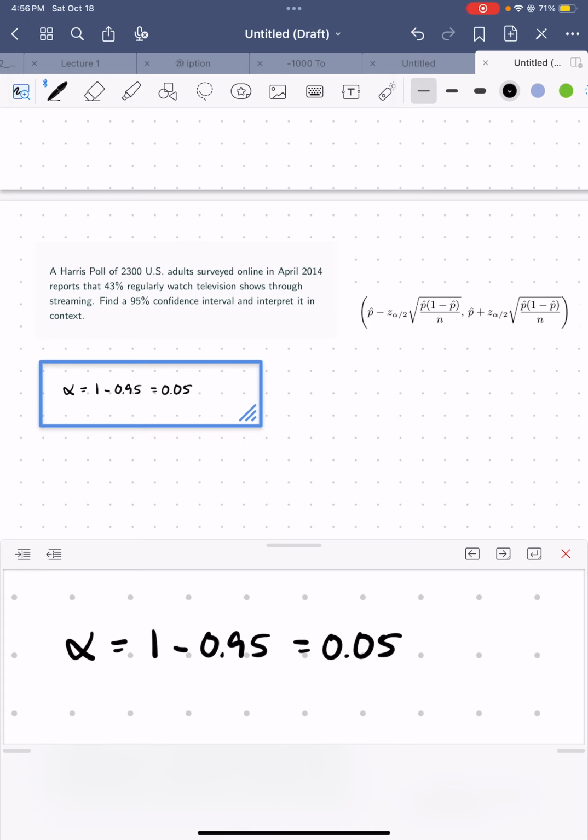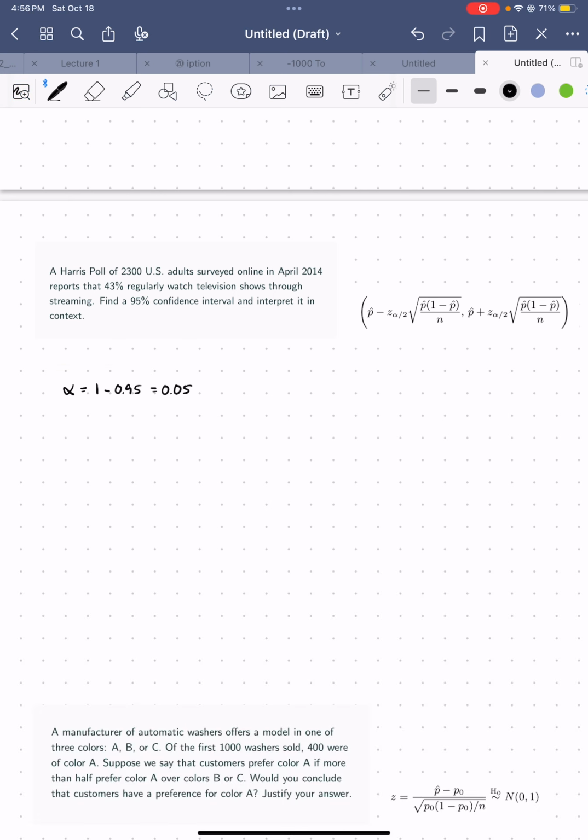And then we have over here our sample size, so that's our n, and then we have our p-hat value, which is 43%, so that would be 0.43.